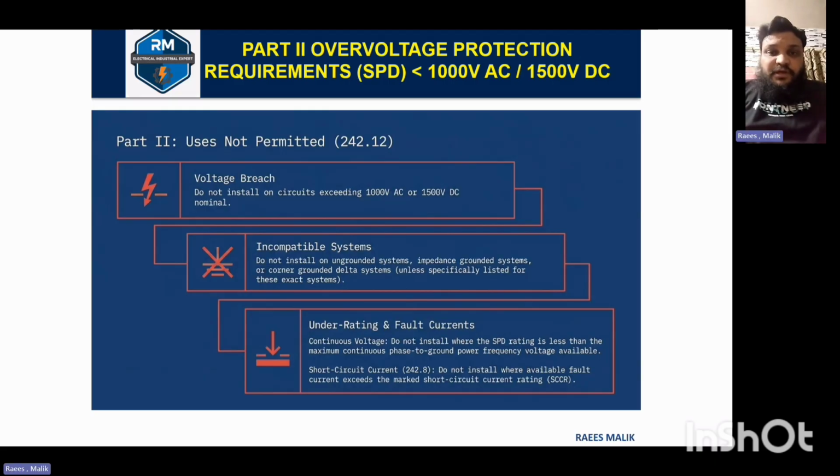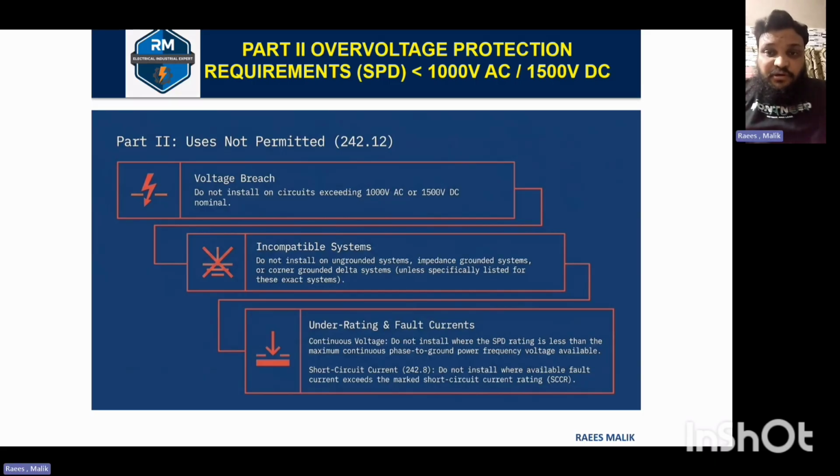The second condition is incompatible systems. An SPD should not be installed on an ungrounded system, impedance grounded system, or corner grounded delta system, unless these devices are specified for a specific application as per OEM instructions. The third one is underrating and fault current.